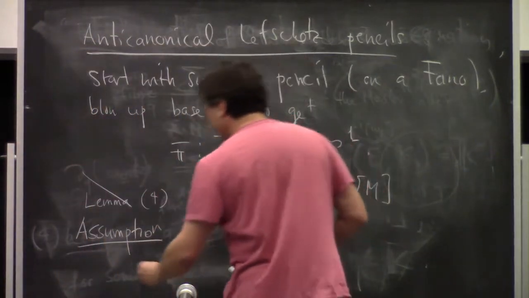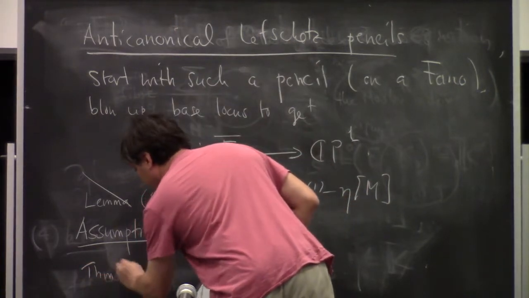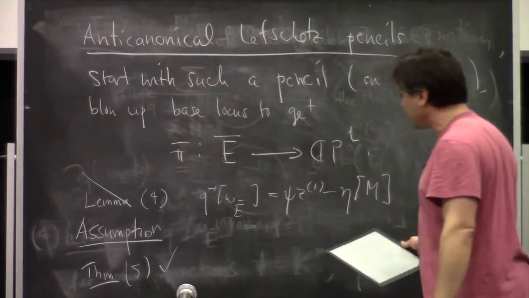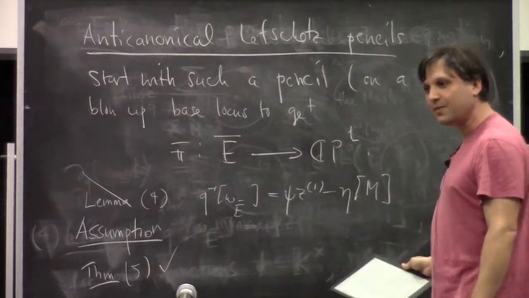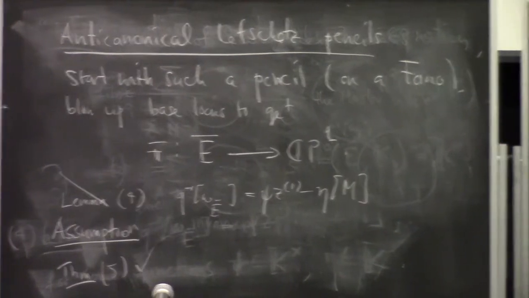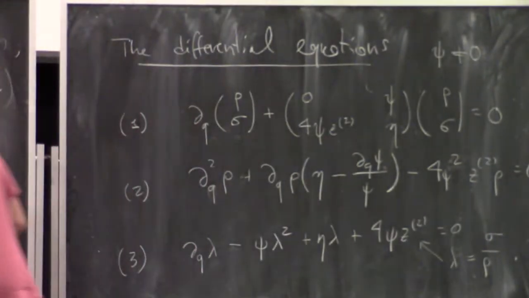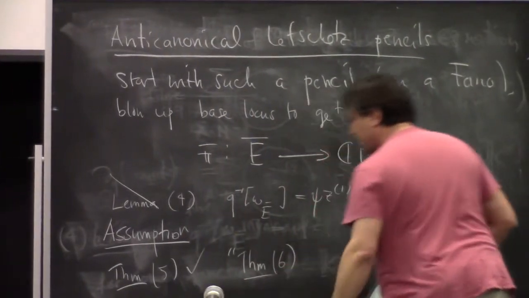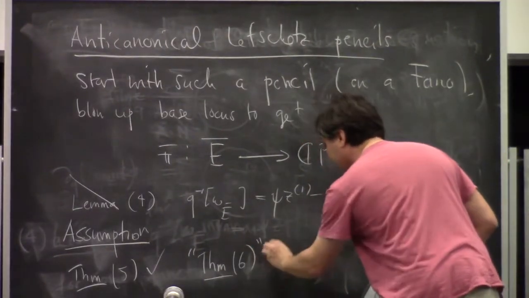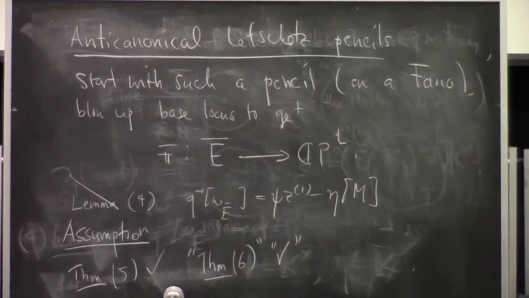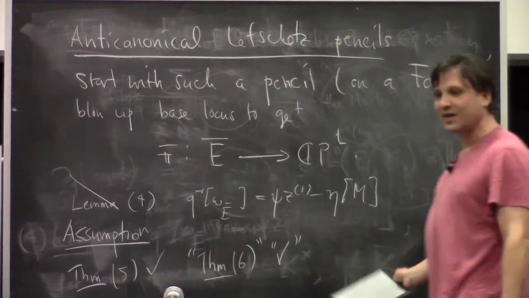So then theorem 5 about the eigenvalues of quantum multiplication is always true under this assumption. Now you have these functions, and the eigenvalues are all solutions of this. And this theorem 6 about counting disks is true-ish, to the extent that technically it's very complicated to get everything up and running.